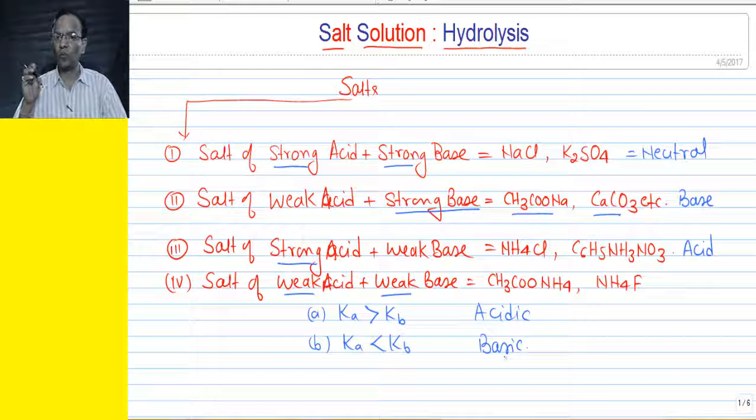When a salt dissolves in water, the weaker component of the salt hydrolyzes, and that produces either H plus or OH minus, which gives acidic or basic nature to the solution.